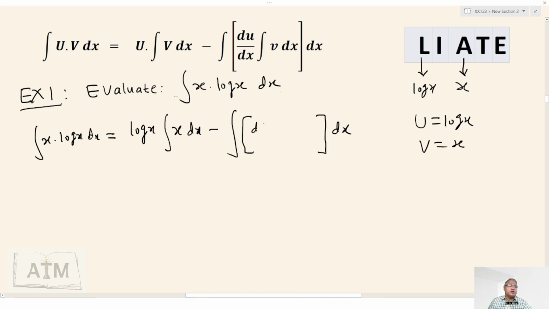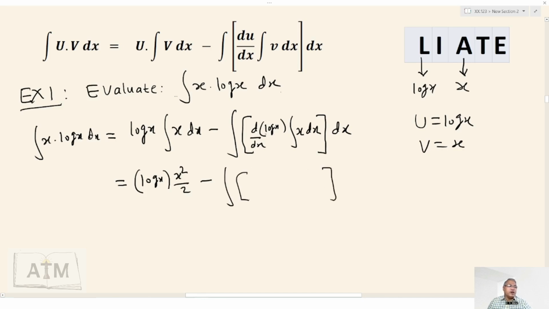Du by dx, that is differentiation of u, nothing but log x with respect to x, integration of v, nothing but x dx. So this is equal to log x, integration of x is x square by 2, minus integration of, inside the box, the derivative of log x, that is 1 upon x, and integration of x is x square by 2, and outside the box there is a dx.